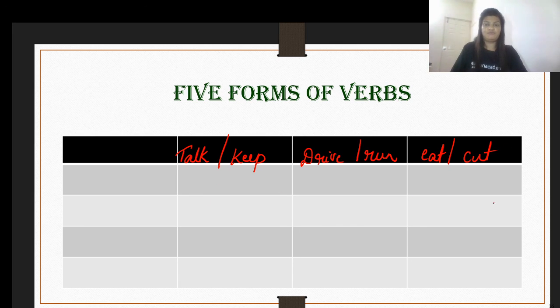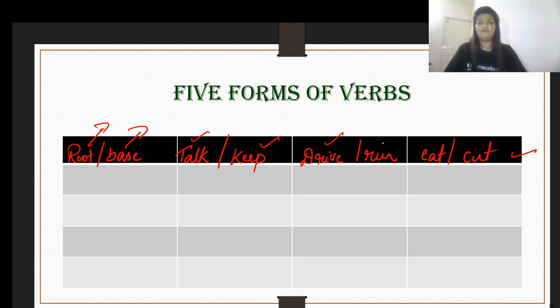Now, these types of verbs are called the root or base form, because this is how a verb is born. Talk, keep, drive, run, eat, cut. I definitely cannot give you all the verbs here, but this should be enough for you to understand the forms.